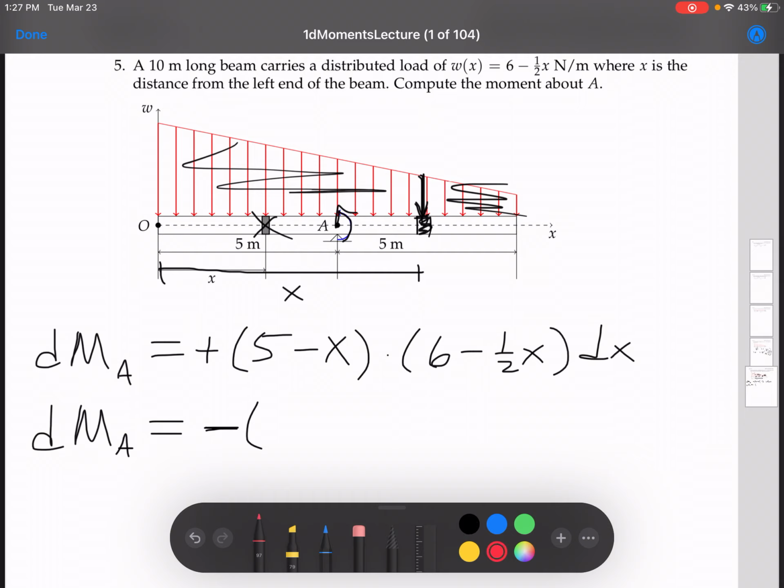And notice that this distance right here is 5. So the distance from the slice to the pivot, let me do that in green here. The distance from the slice to the pivot is what is in green. That distance is x take away 5.